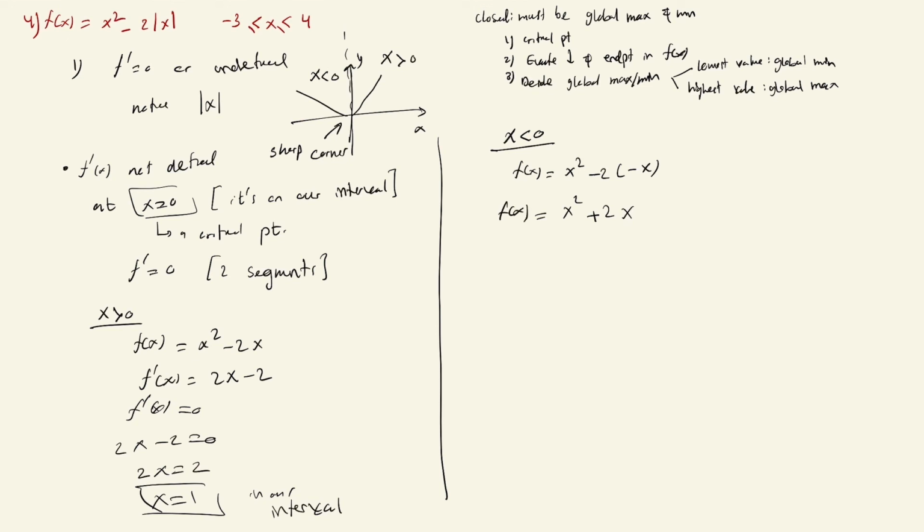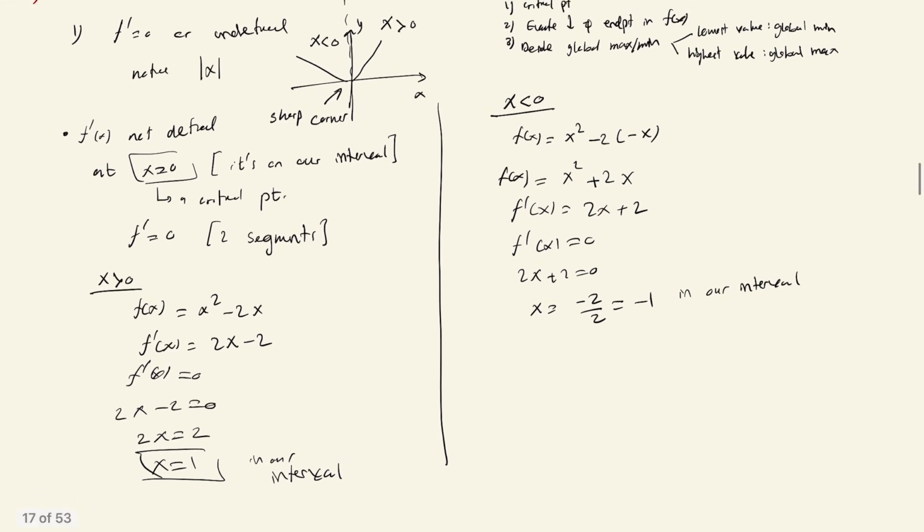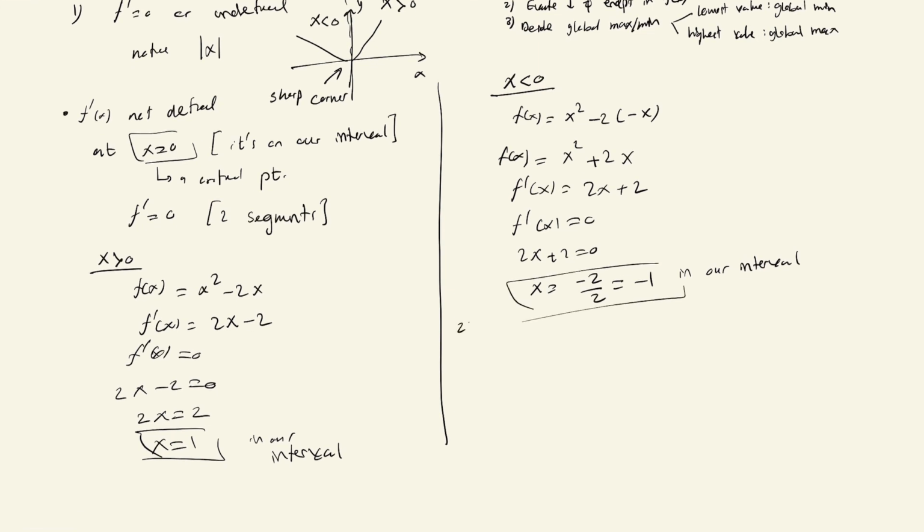Now the first derivative is going to be 0 when 2x plus 2 equal to 0. That's going to be when x equal to minus 1. And note here minus 1 is in our interval. So note we have 3 critical points here: x equal to 0, 1, and minus 1.